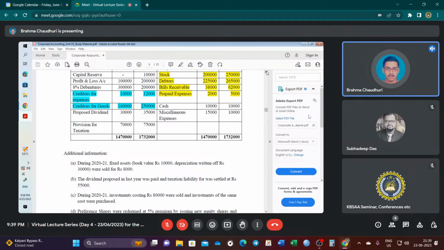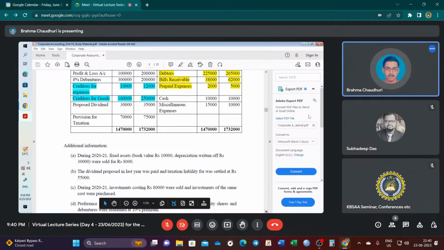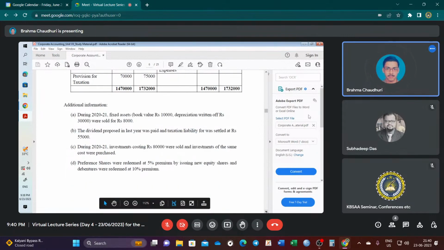So that adjustment has to be made, and this will be shown under the ledger accounts of proposed dividend and provision for taxation respectively. We will have to prepare these ledger accounts, and we will get some balancing figure.